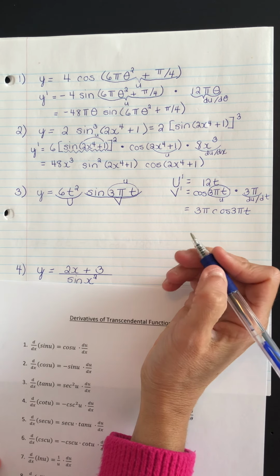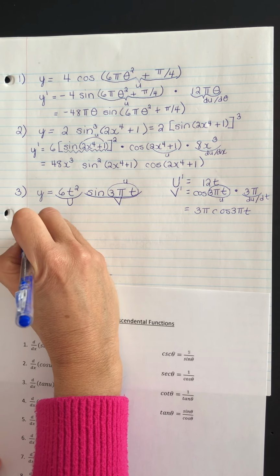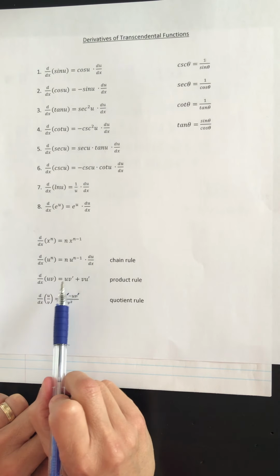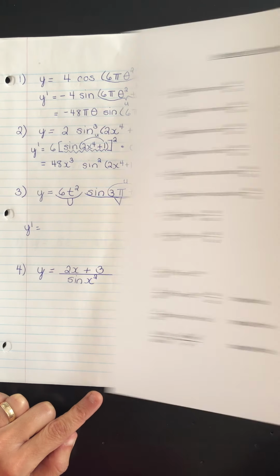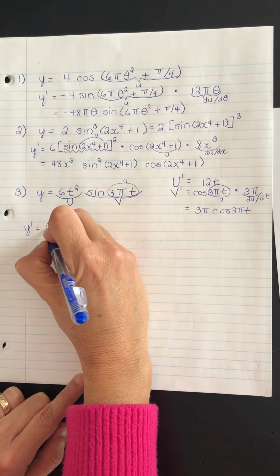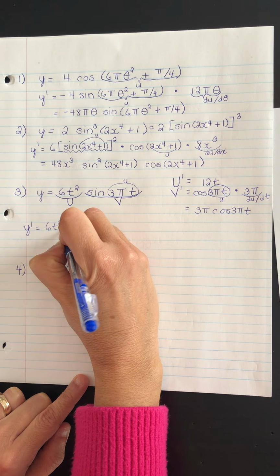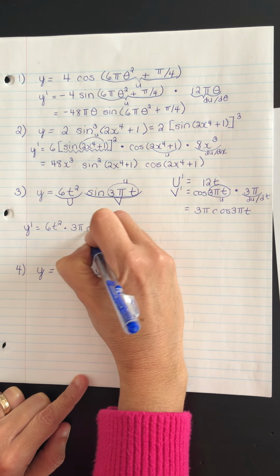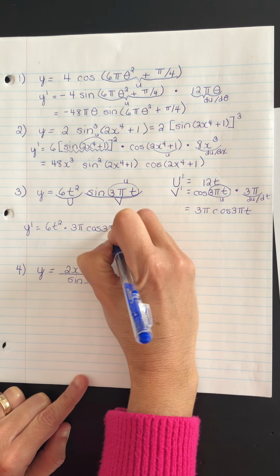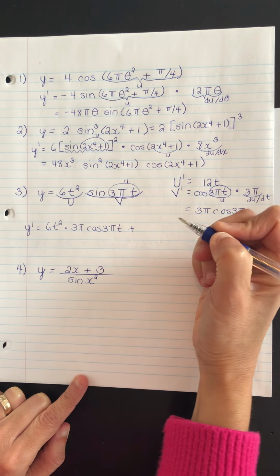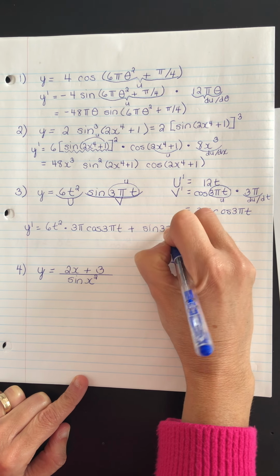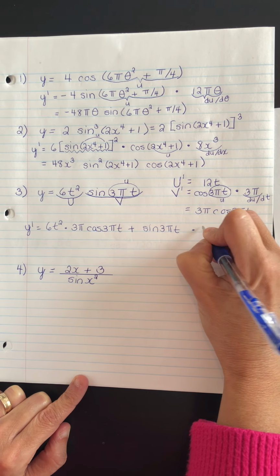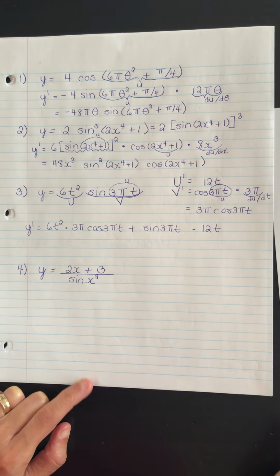So now we can form y prime. Now we need the product rule, so uv prime plus vu prime. U times v prime plus v times u prime, like that.